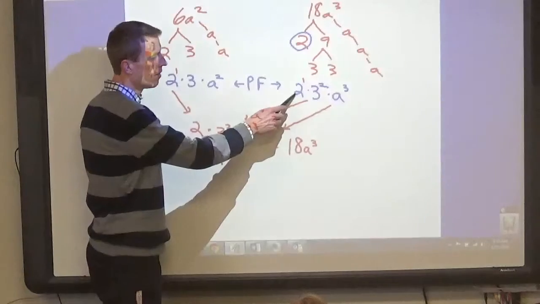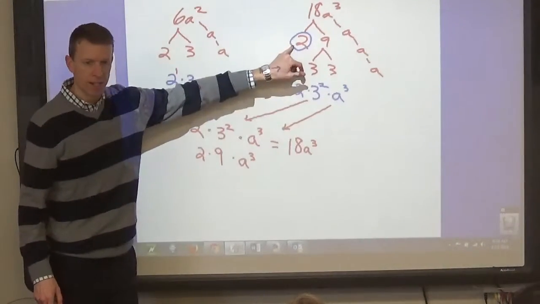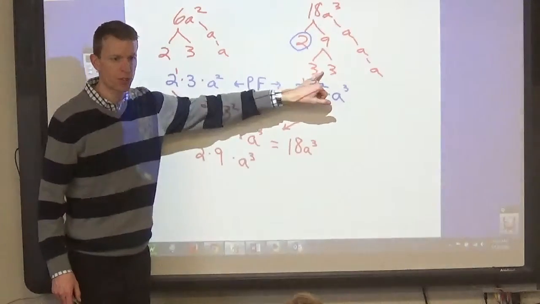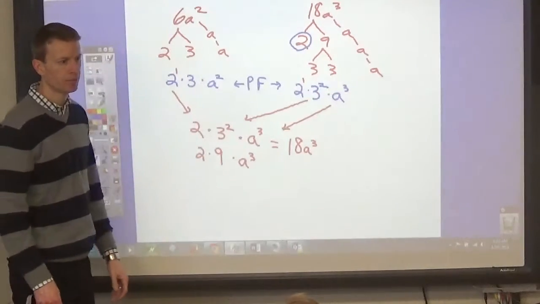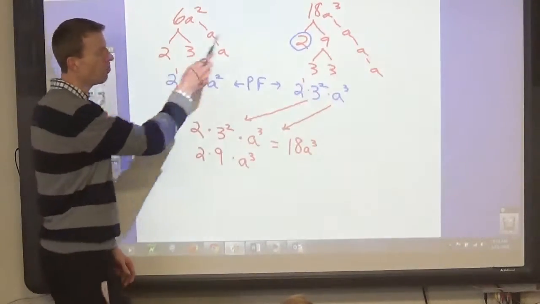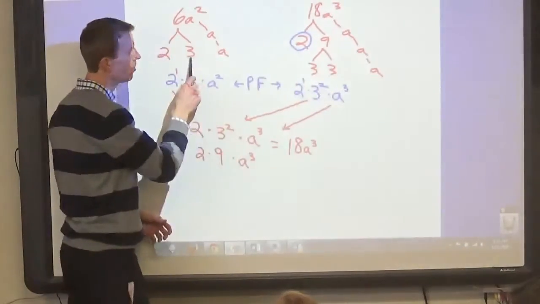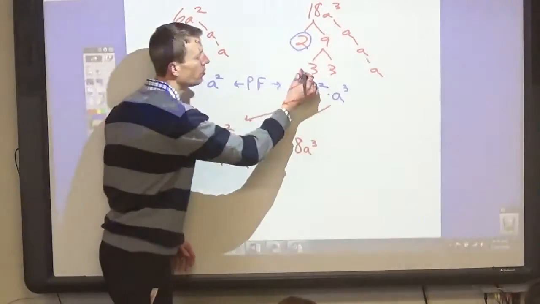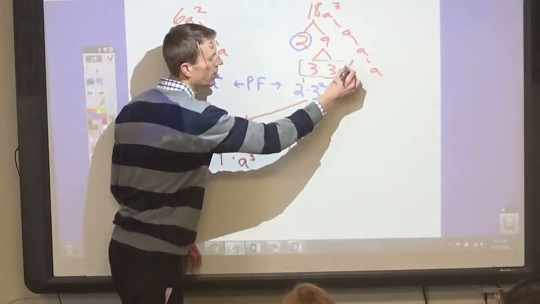And that's why the lowest common multiple of these two is 2 times 3 squared. Okay? We use a 2 because there's a 2 in the numbers, and we use a 3 because there's a 3 in the numbers, but we use the 3 squared because this one has a 3 squared.